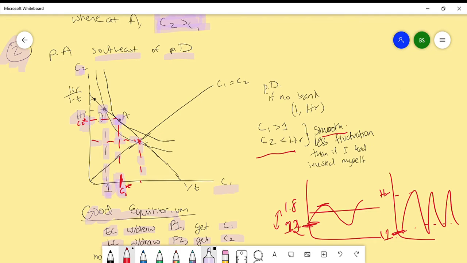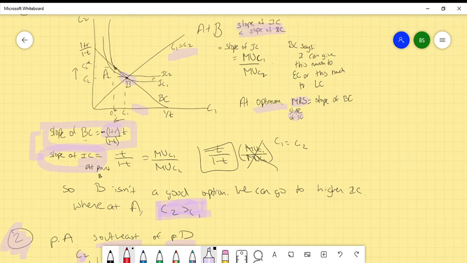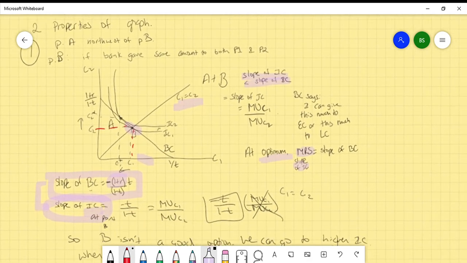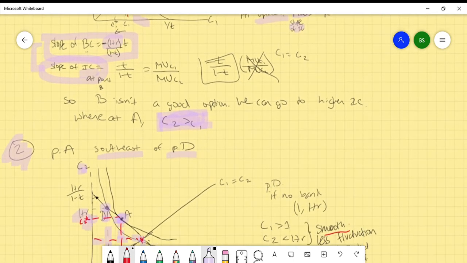And the second property is that P has to be southeast of PD.